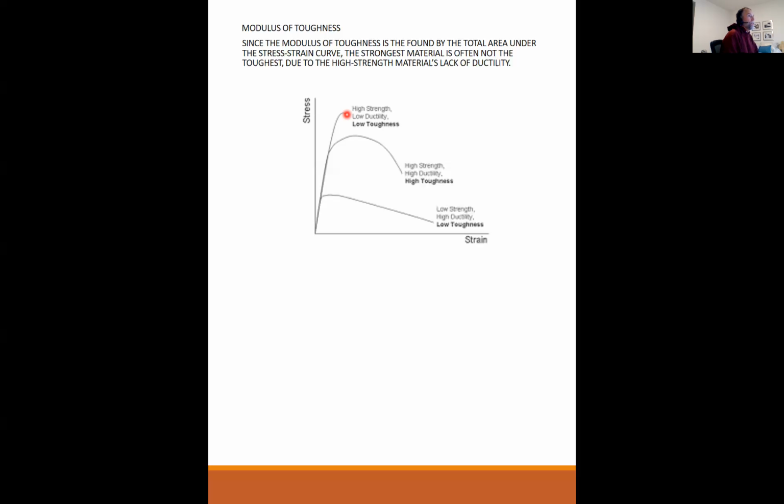Another good example is tool steel. The steels that you use in tools, like if you ever go to a machine shop and you take a crankshaft there and they would turn the bearings.